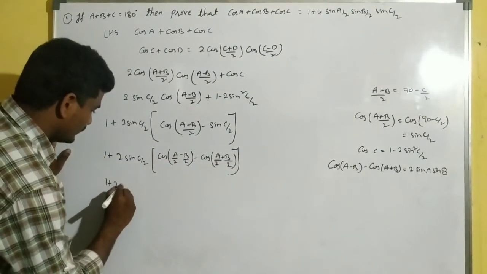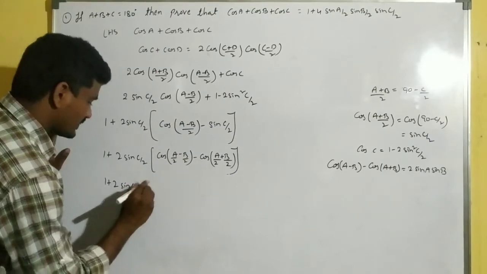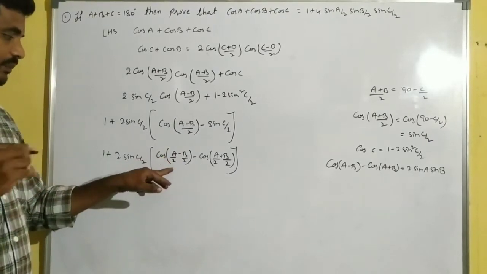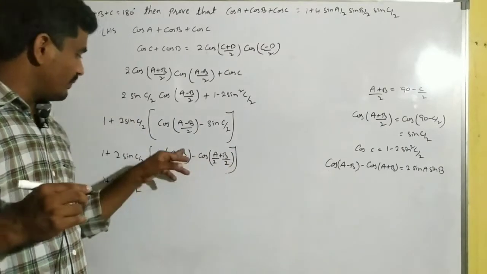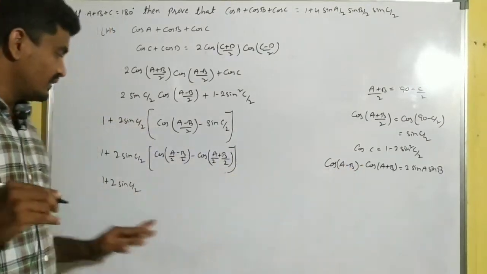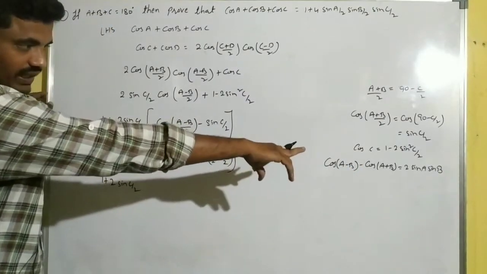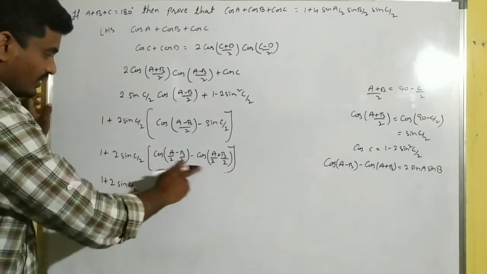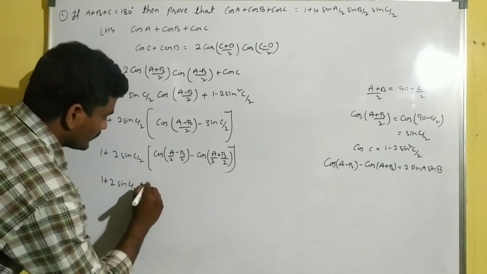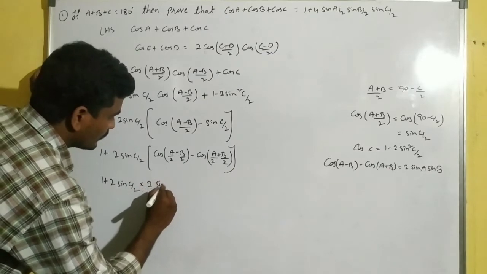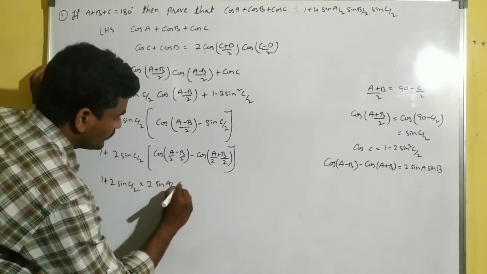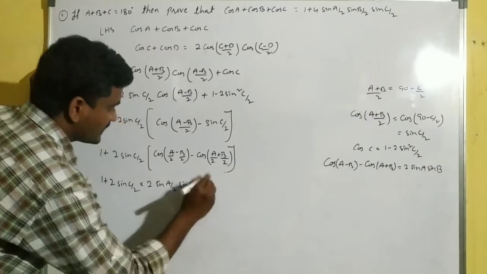1 plus 2 sin c by 2. A by 2 is nothing but a here, b by 2 is nothing but b here. So that formula I am writing here, 2 sin a sin b. So I am writing 2 sin a by 2 sin b by 2.